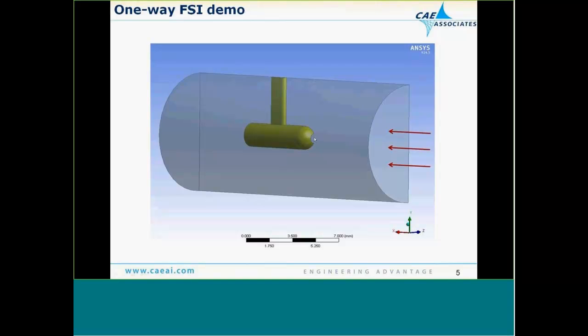There's an internal flow passage where the flow enters through a narrow passage, and also flow around the pitot tube on the external surfaces. So that would be the geometry. The highlighted part is the solid part of the pitot tube, and the semi-cylinder is the external flow volume. So in this case, the geometry has two parts: the solid part, and the flow volume, which is the external space of the probe and the internal flow passage of the pitot tube.